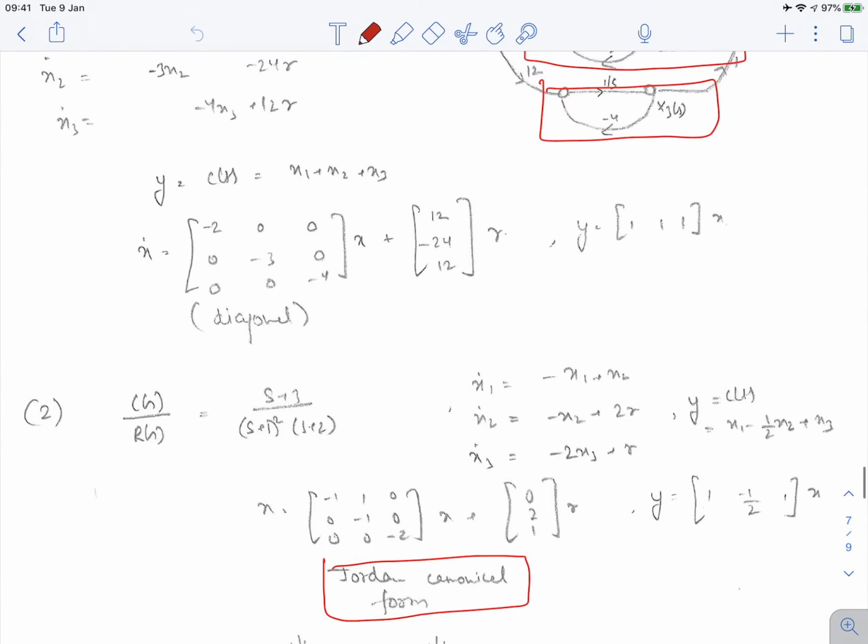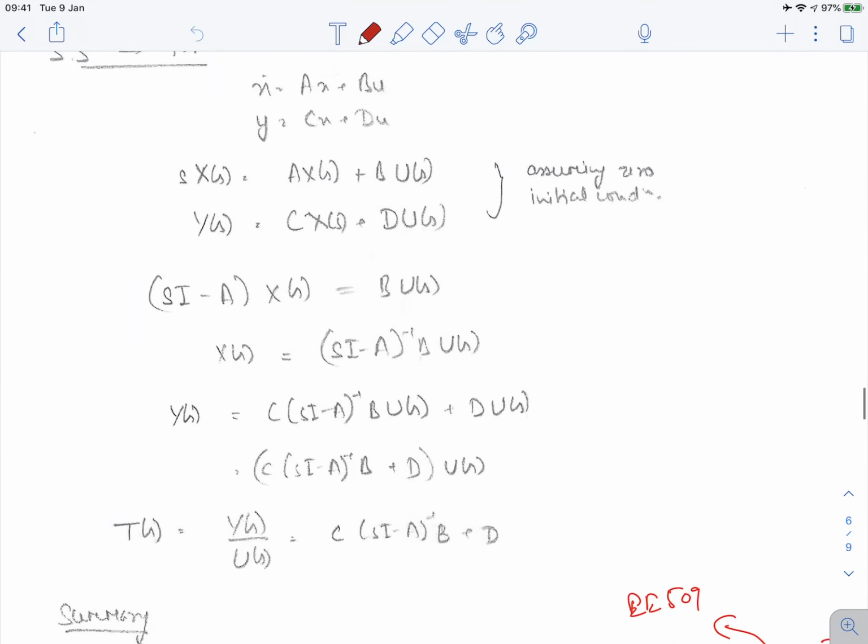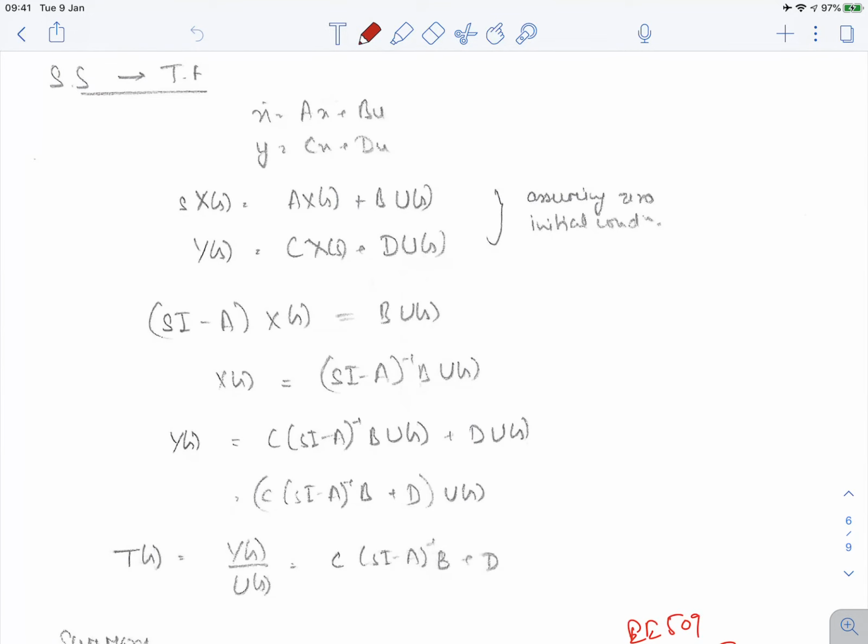Now we have seen how we can obtain the state space representation for a given transfer function and also for a given differential equation.